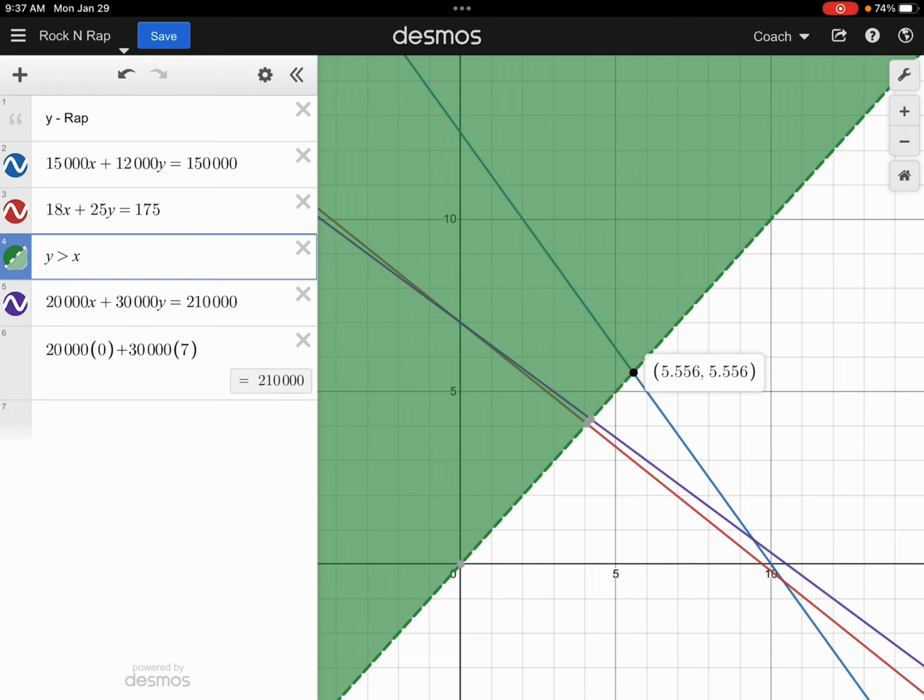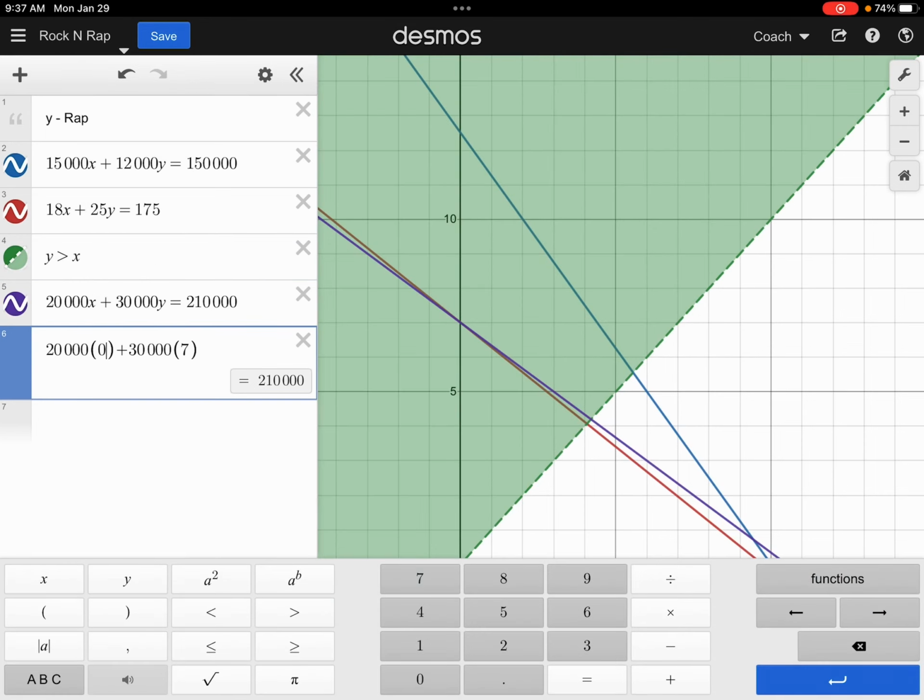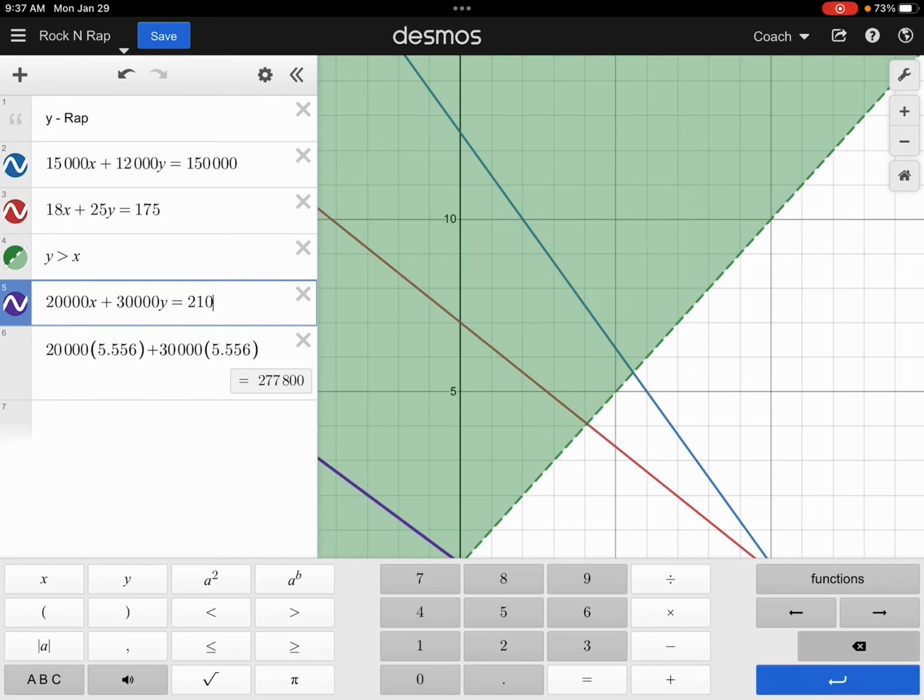There's a lot of space in there for some profit to maximize. So we're going to test some other points, right? We could test this point, 5.556 and 5.556, right? And see what that is. And that gives me $277,800, right?